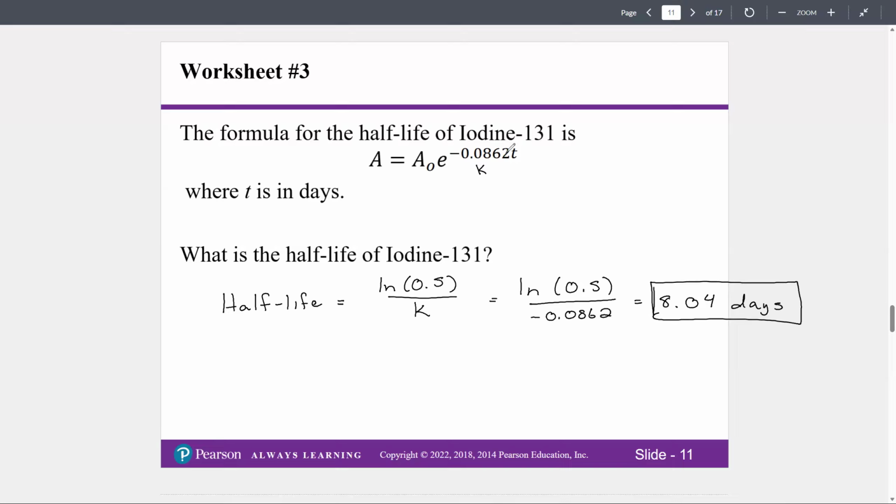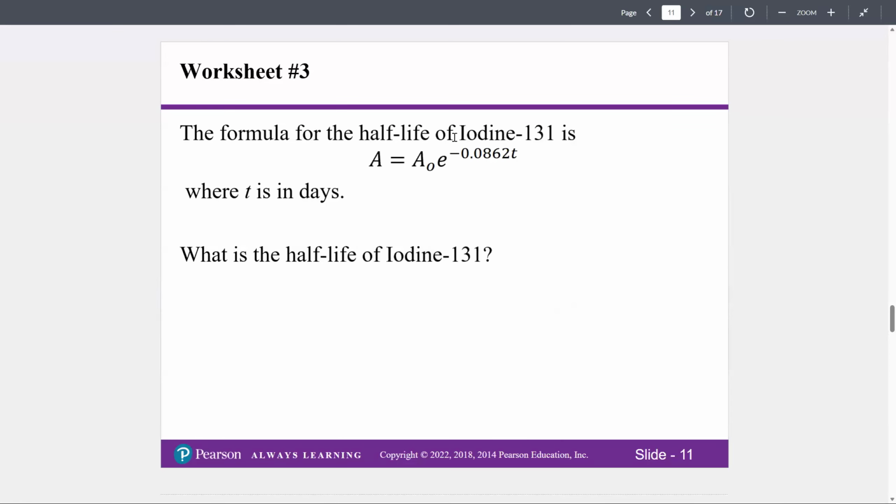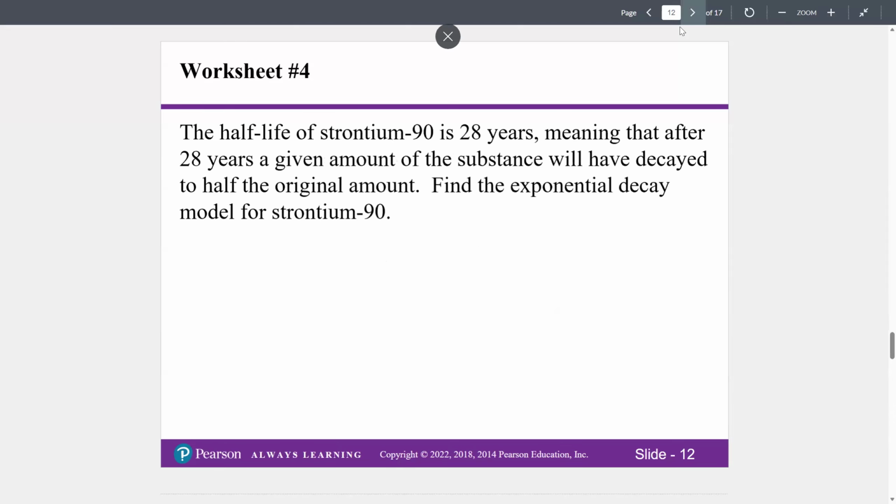And it's probably not exactly 8 days anyway. Like all this, remember, it's just rounding. So this is something that decays very, very quickly compared to radium, which decays very, very slowly.